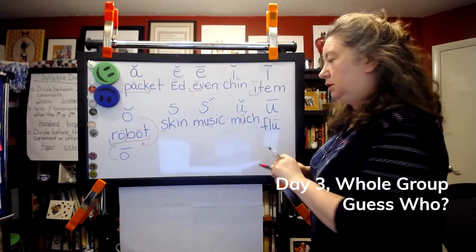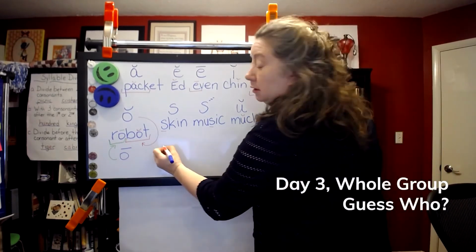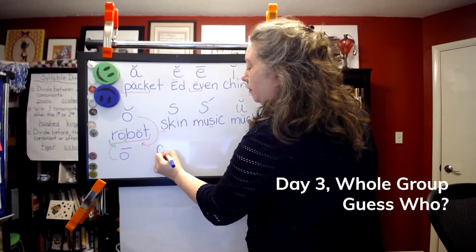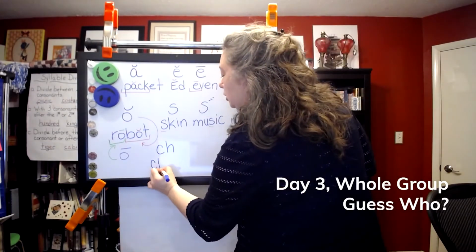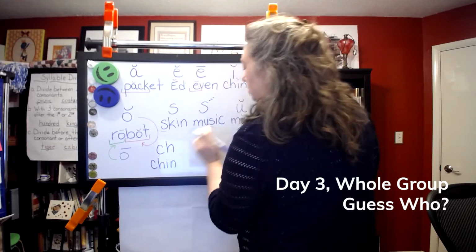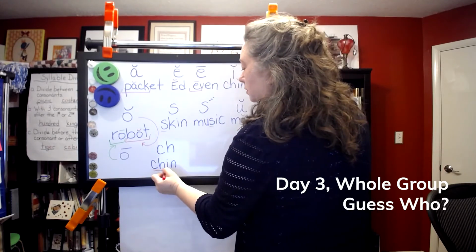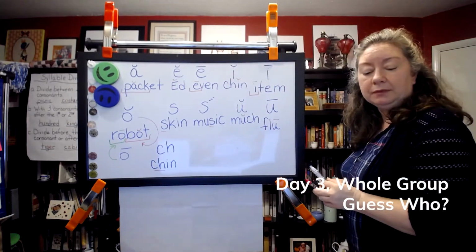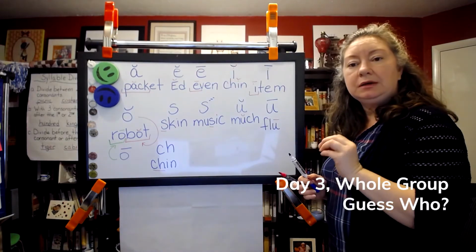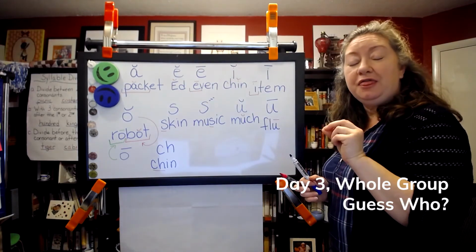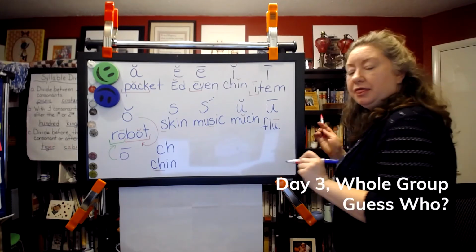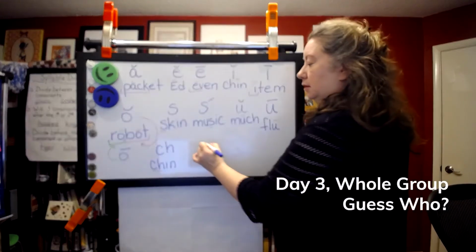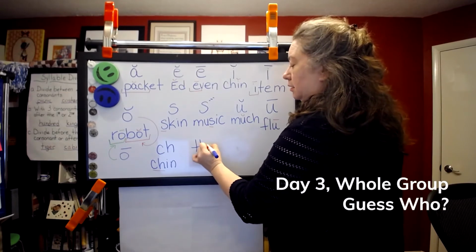All right. The next sound is the digraph ch. Switch her up. All right. And we had that in words like chin. Okay. The last one, or second to last one, is write the way to make the digraph. Good.